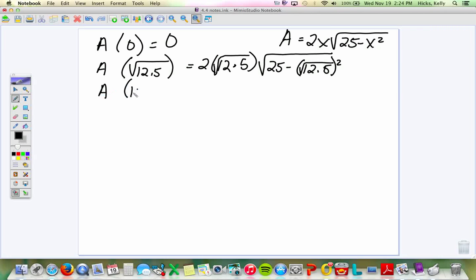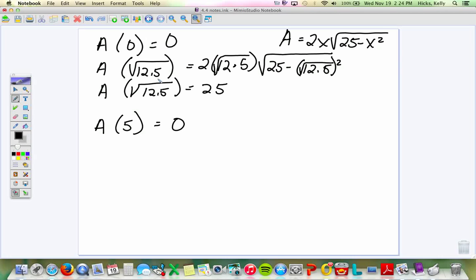And after you go through just a little bit of work, you should get 25 out of that. And then lastly, we need to test at 5, and that gives us 0.